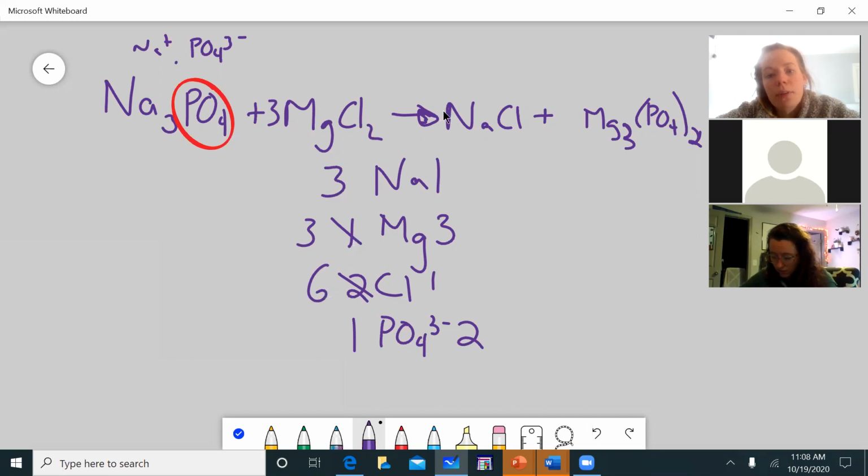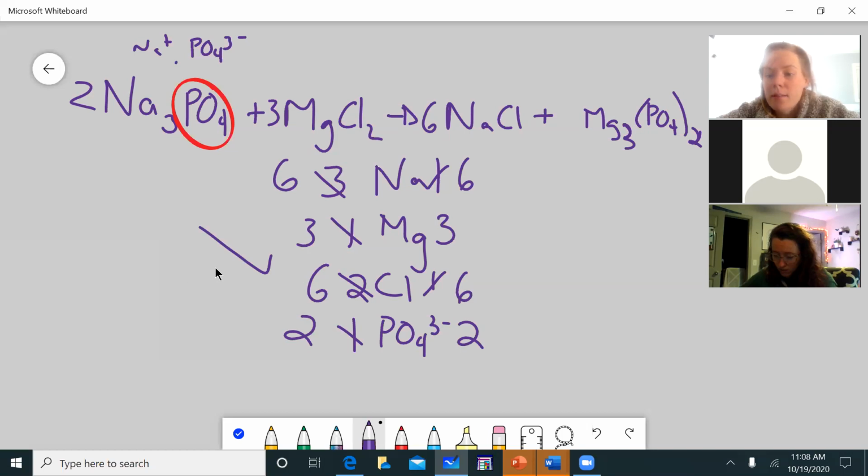So I could put a 3 here, but I already can see that I need 6 chlorines. So instead of a 3, I'm going to put a 6 in front of this. That gives this 6, that gives this 6. Now I can balance my sodium if I put a 2 here. That changes this to 6, and it changes this to 2. Everything is balanced.